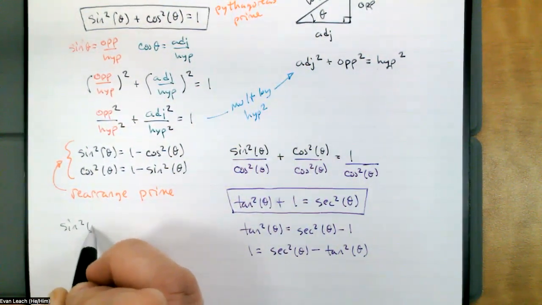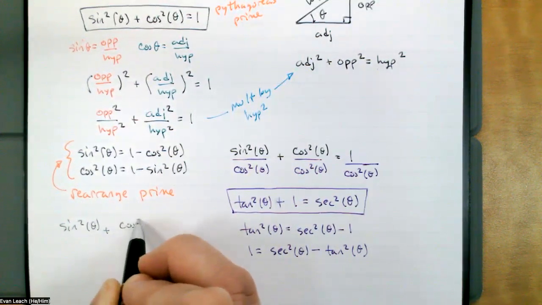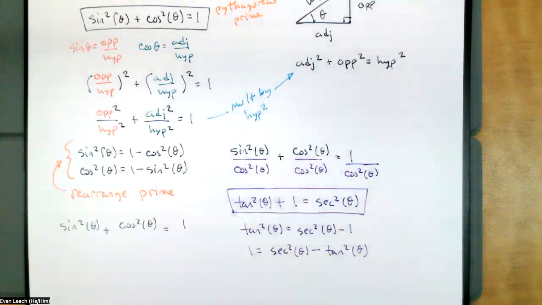We do the same thing. Let's start with sine squared theta plus cosine squared theta is equal to 1. Whereas in the first one, to get tangents and secants, we divide it by cosine squared, here we're going to divide by sine squared.